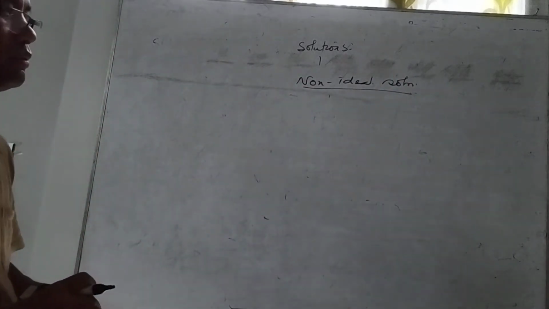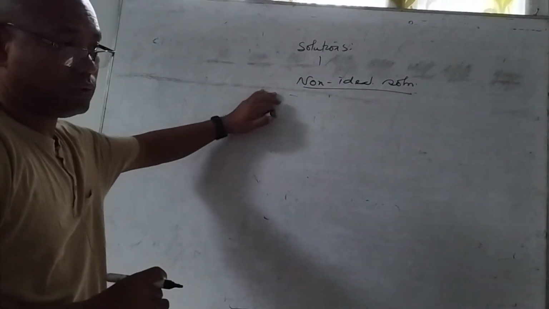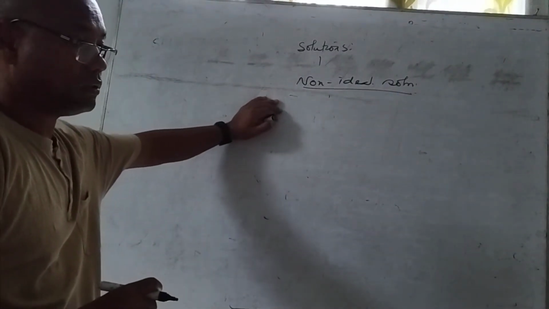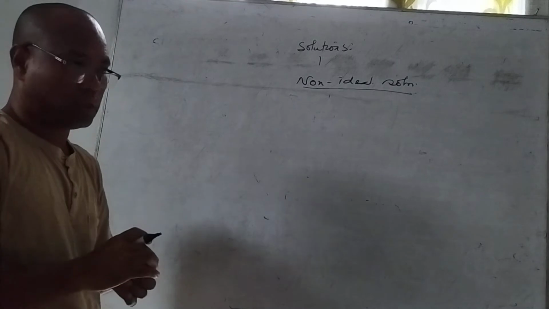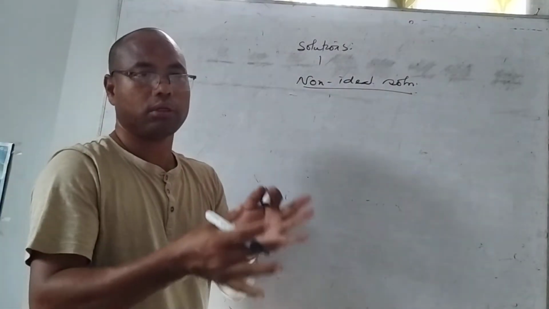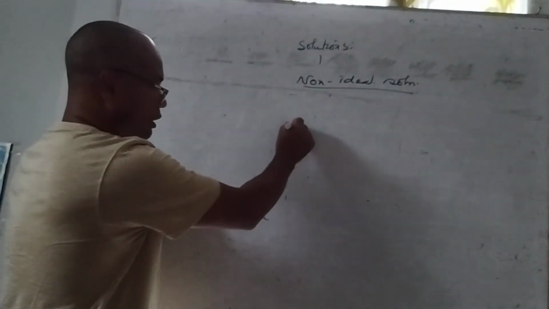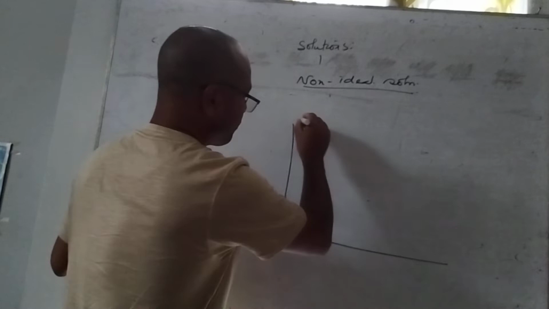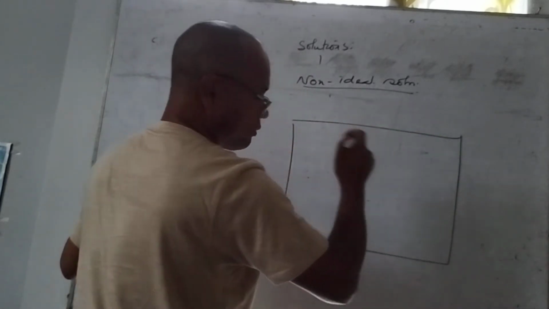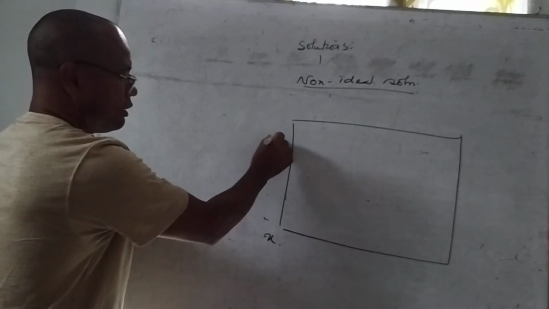Yes, I forgot to mention something about the ideal solution. When we draw a very simple graph between vapor pressure and mole fraction, this is the mole fraction and this I write as the vapor pressure.